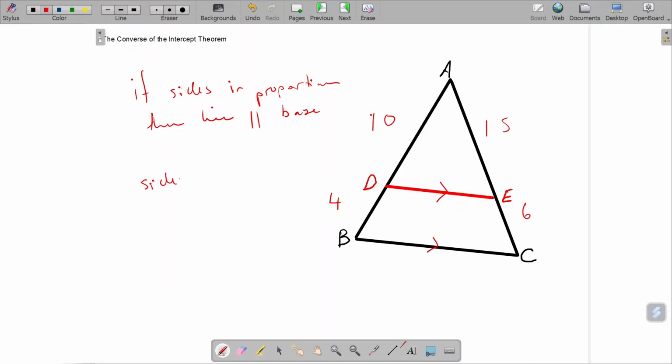And so what we're going to look at here is a situation of trying to now use this in a variety of examples and proofs. Again, please note that the reason for this is sides in proportion.